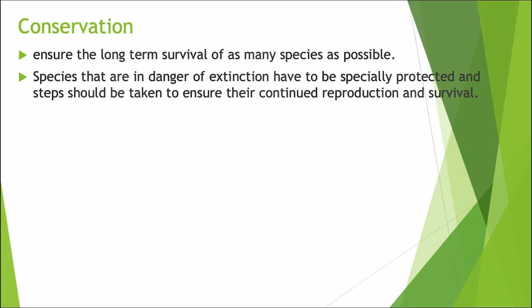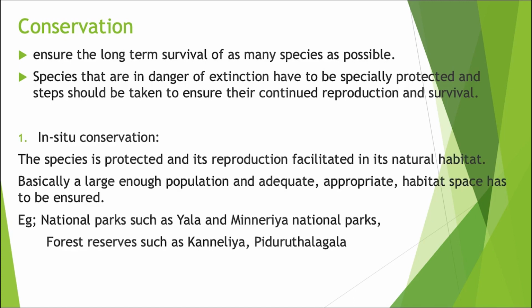Conservation. The principal goal of conservation is to ensure the long-term survival of as many species as possible. Species that are in danger of extinction have to be specially protected, and steps are taken to ensure their continued reproduction and survival. Conservation can be done in two ways: in situ and ex situ.